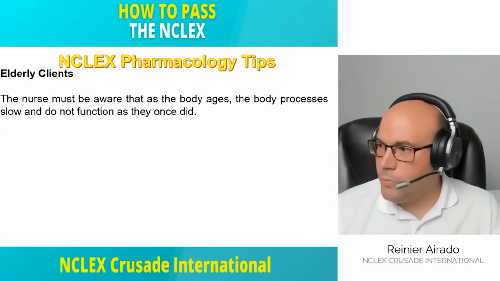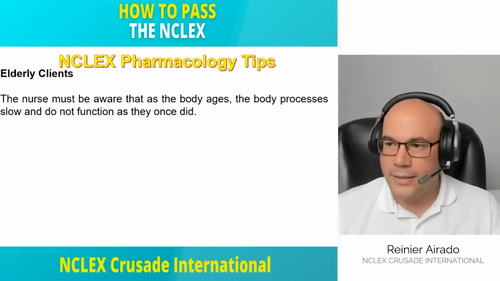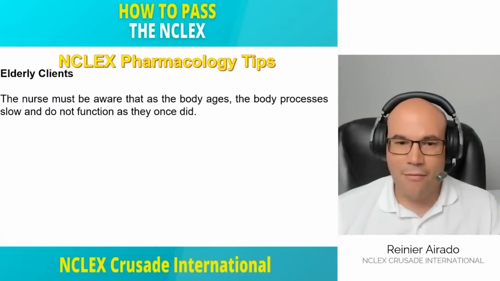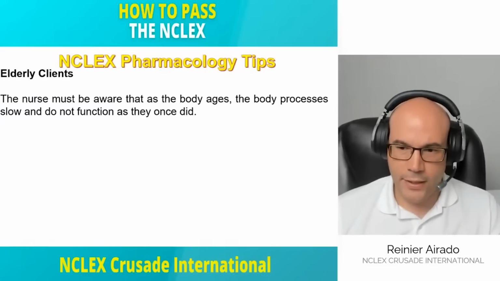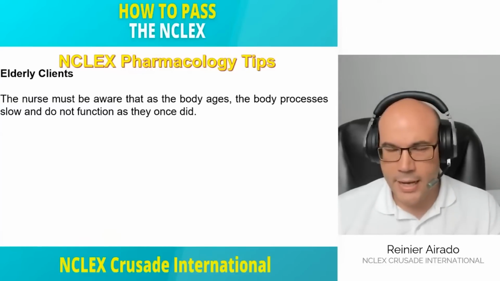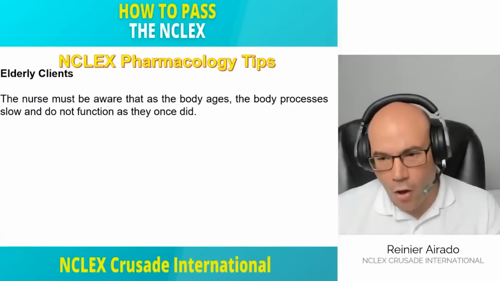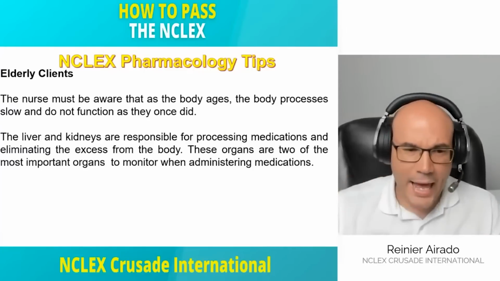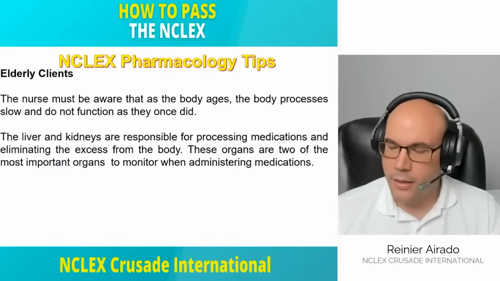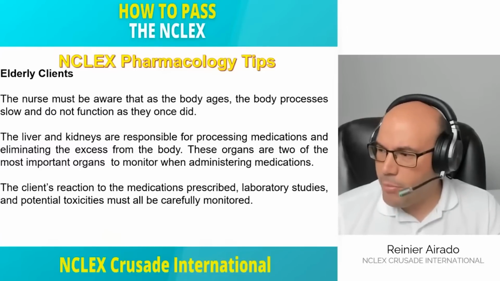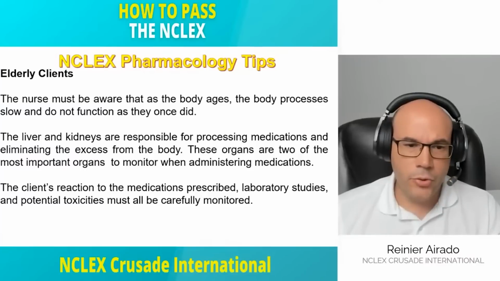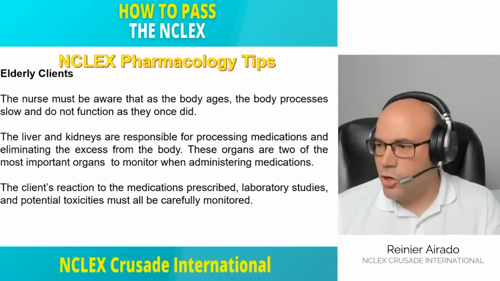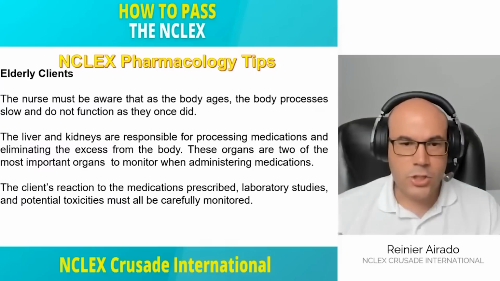So the nurse needs to be aware of how the elderly client can have a higher risk for safety problems, a higher risk of toxicity, and a higher risk of falls. So a lot of critical thinking for the NCLEX. Remember that you have to identify that certain laboratory values need to be monitored.